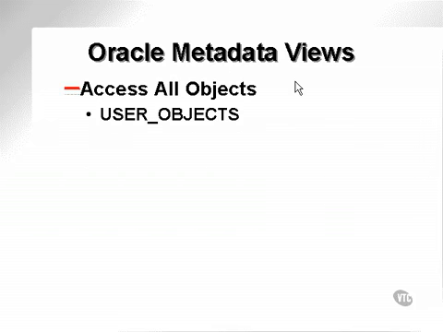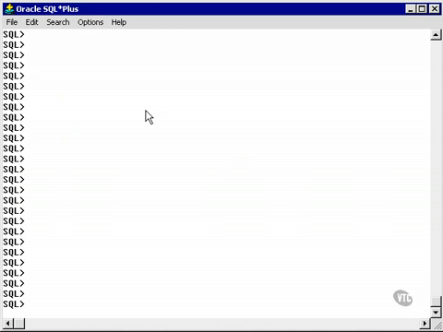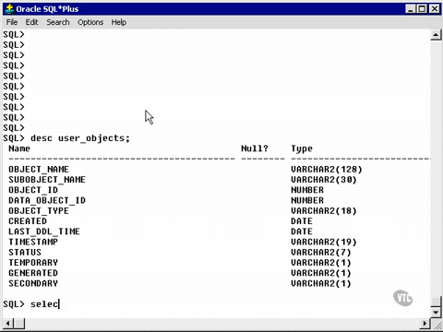USER_OBJECTS allows access to all objects. To access specific objects, we can look at tables, indexes, clusters, etc. I'm now logged in again as my concerts user, and I'm going to look at the USER_OBJECTS view. So let's describe the USER_OBJECTS view. I want to list out the object type and the object name from the USER_OBJECTS view.